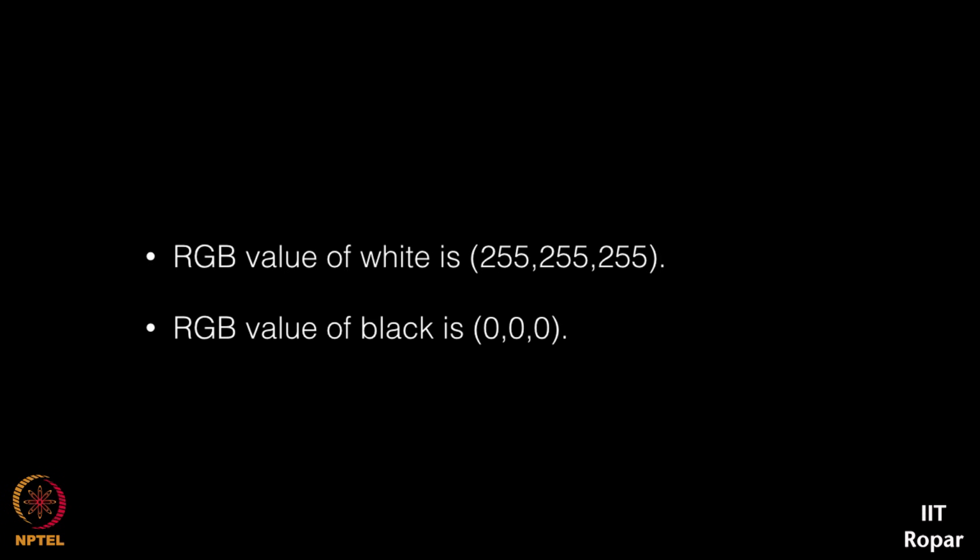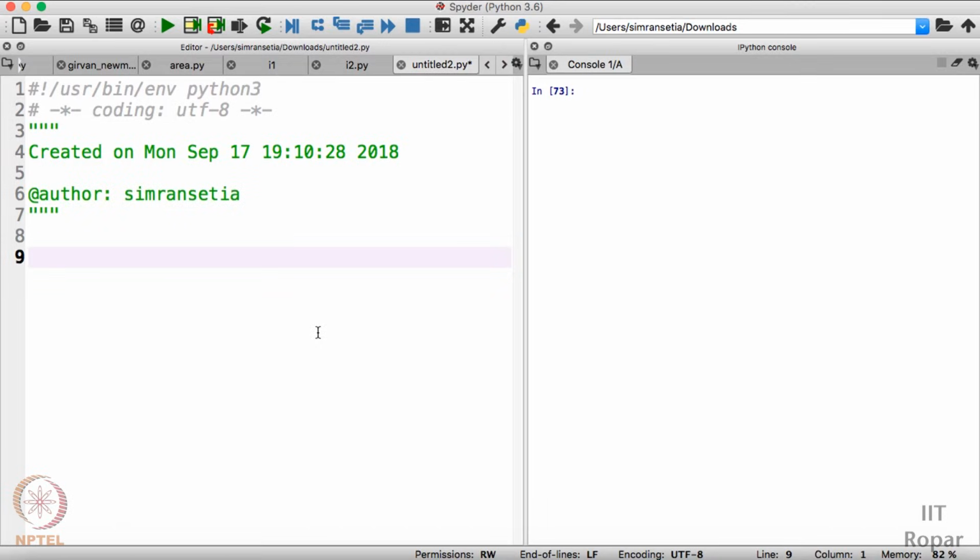Now let us try to implement a program based on this, so that you can get a clear-cut idea of how to represent an image and how to assign unique RGB values to an image. So let us do that. First of all, I'll show you how you can represent an image here.